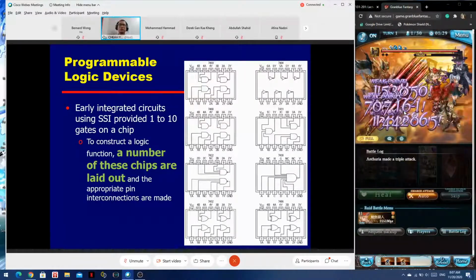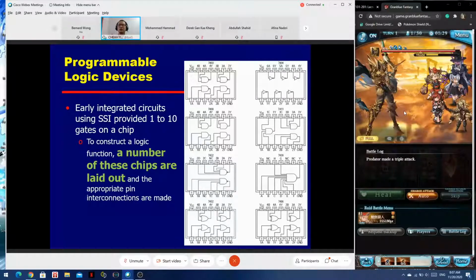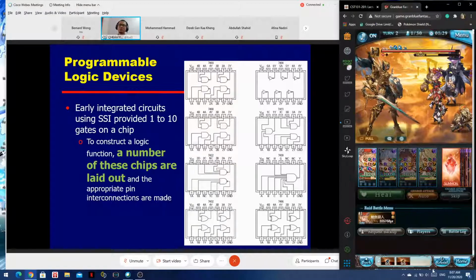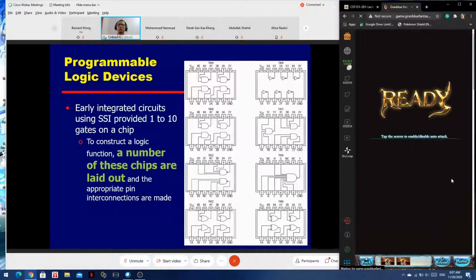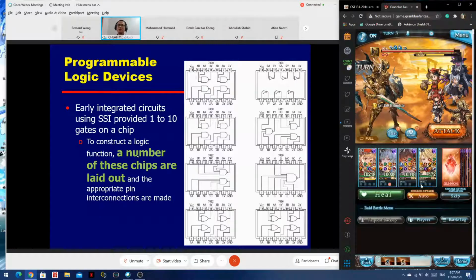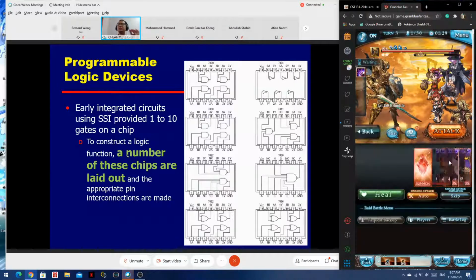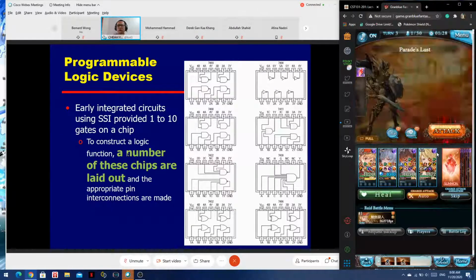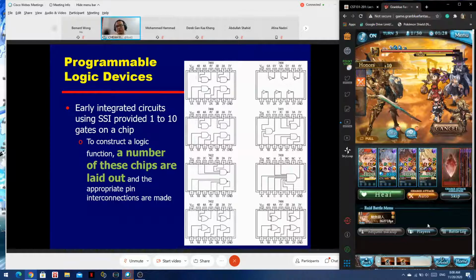So these are some of the integrated circuits out there that are being produced. By the way, on the slide, if you see SSI, all these are called small scale integration circuits. They have 1 to 10 gates on a single chip.